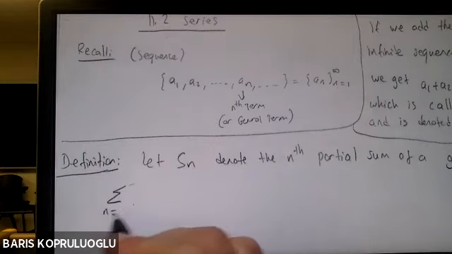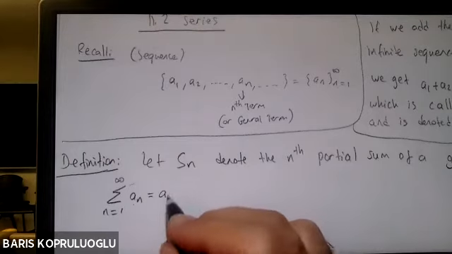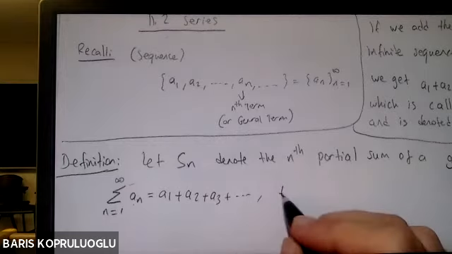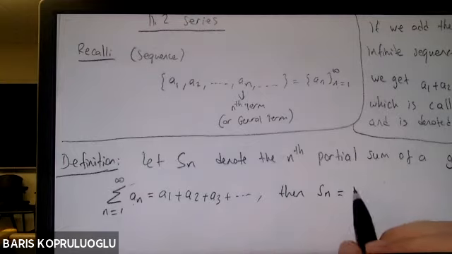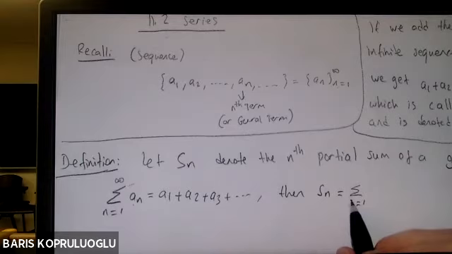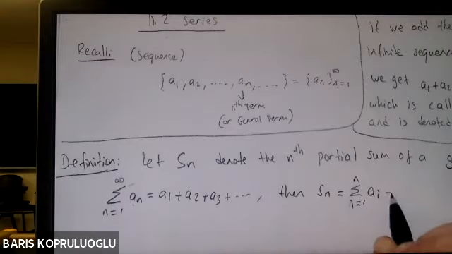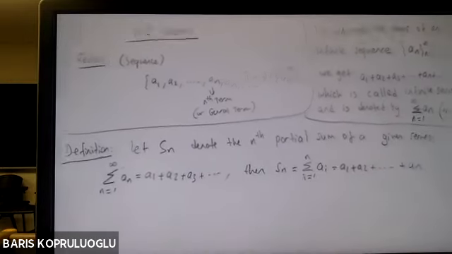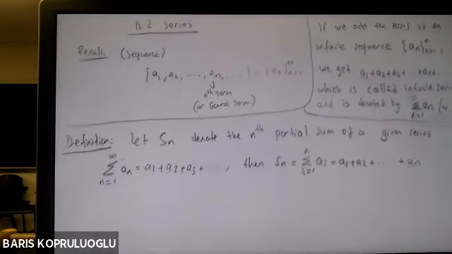So if we write out an infinite series, a1, a2, a3, all the way to infinity, then S_n means, I'm going to use a different index, the sum of the first n terms, from i equals 1 to n of a_i, which is going to be a1 plus a2 plus, and it will stop at a_n. So that's the definition of partial sum.